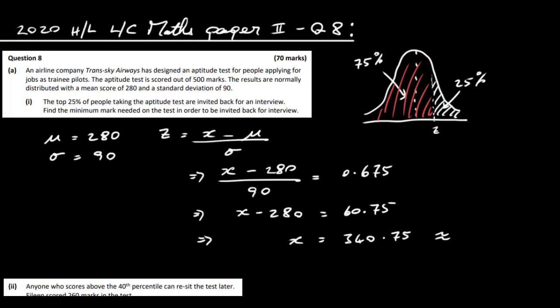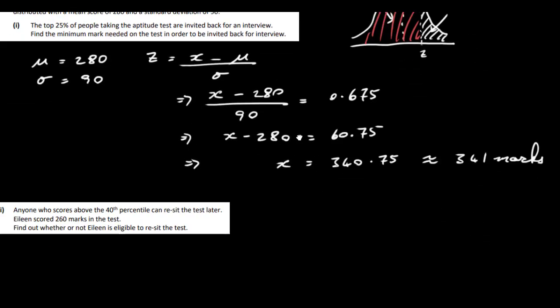Just to round that to 341 marks. It doesn't ask us to do that, but let's just do that for the moment. Now that just means that the minimum mark needed on the test in order to be invited back for interview will be 341 marks.